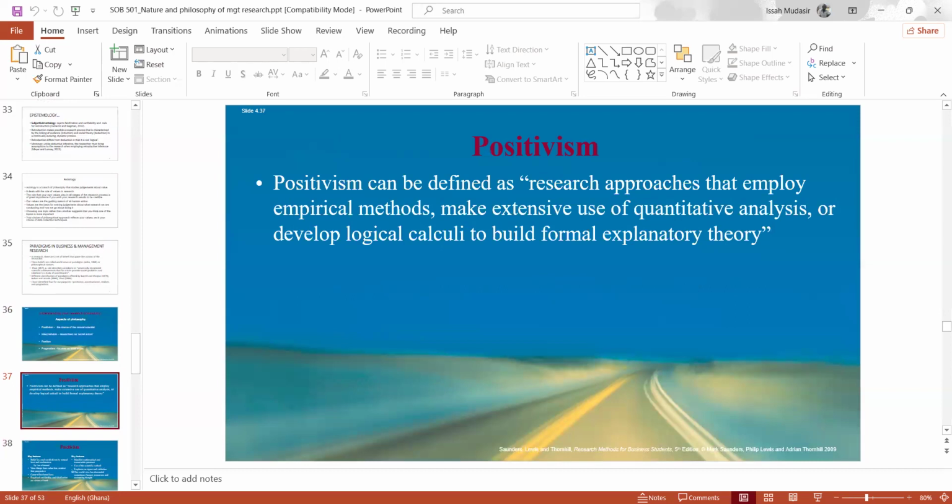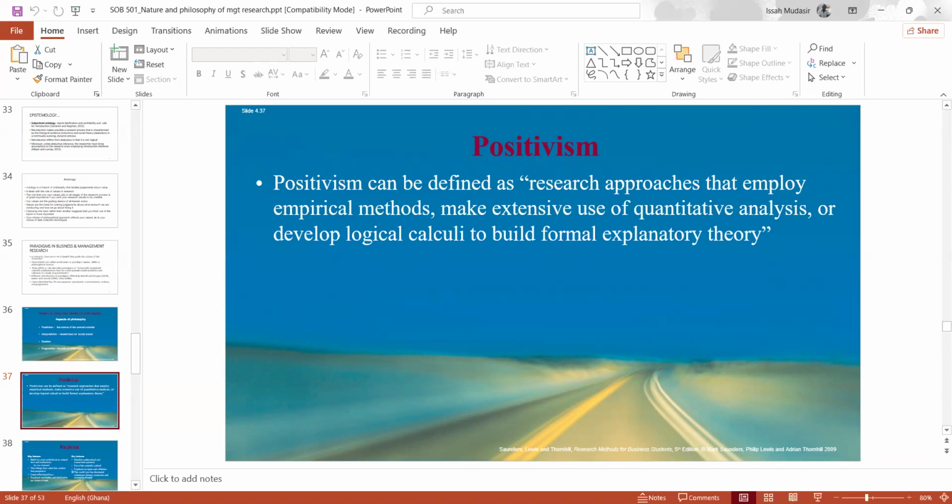Number two, they believe that the right way to pursue knowledge is an objective way. So the pursuit of knowledge is objective. And for that matter, the research process that they follow will make use of empirical methods. In other words, they will develop hypotheses, collect data, and test whether the hypotheses are true or not.